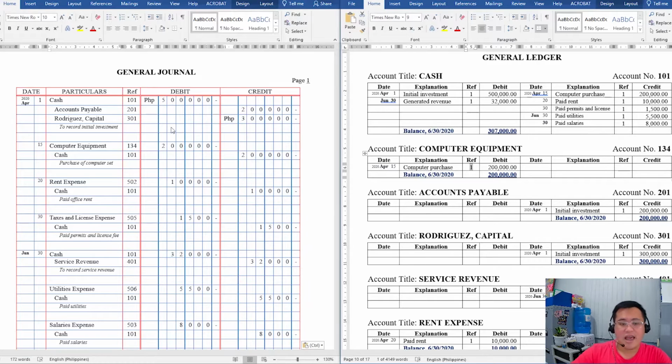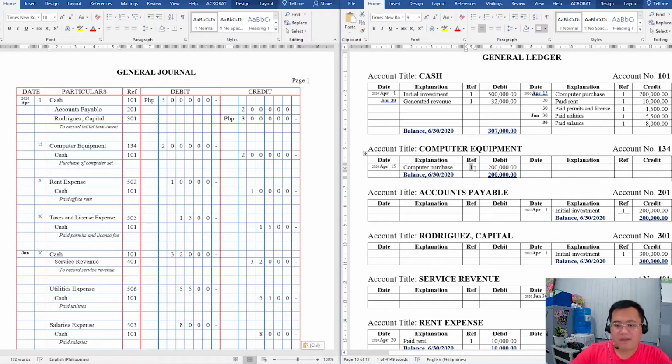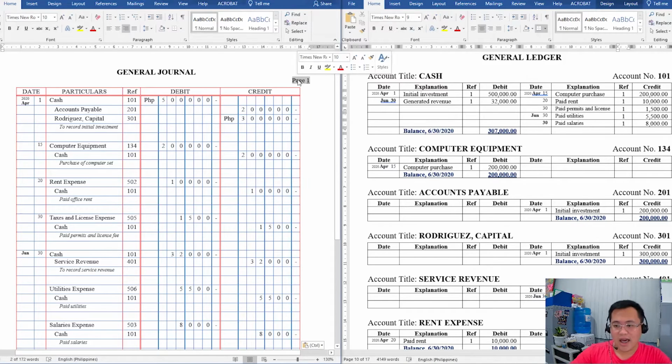So for instance, if this transaction is located on page 1 of the general journal, then the reference number under the general ledger should be number 1. If this transaction, for example, is located on page 2 of the general journal, then the reference number should also be number 2. So, to conclude, the reference numbers used in our ledgers are based on the page number of our general journal.